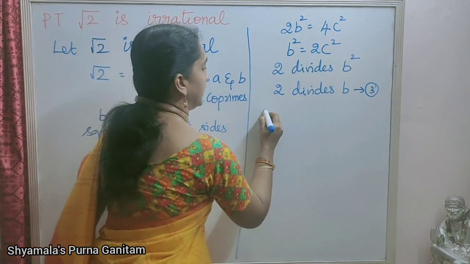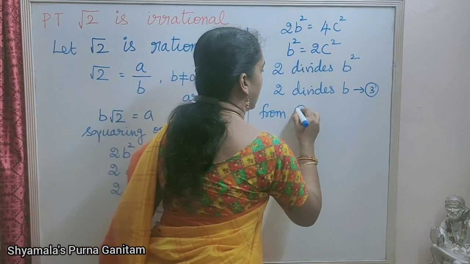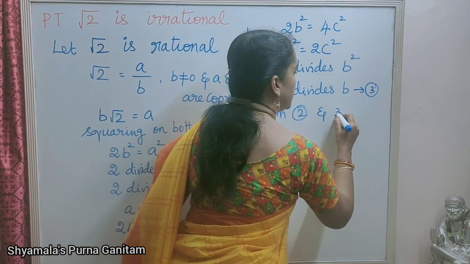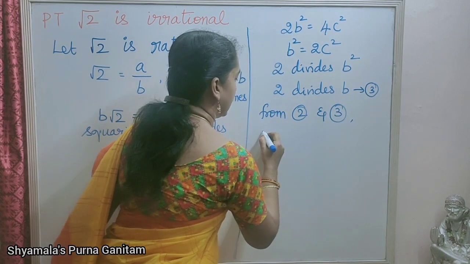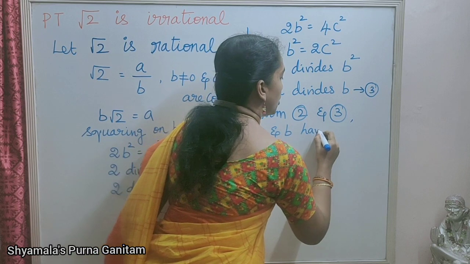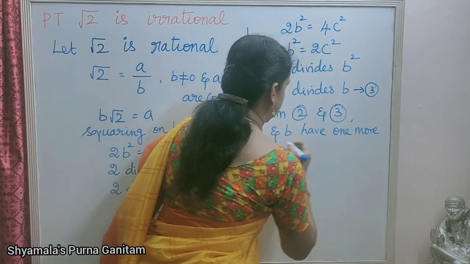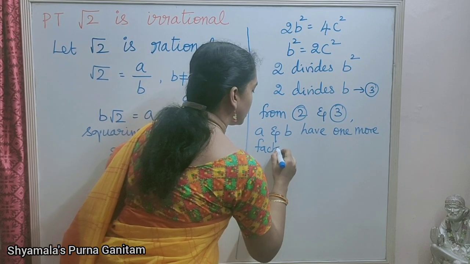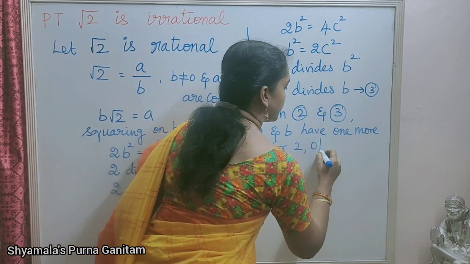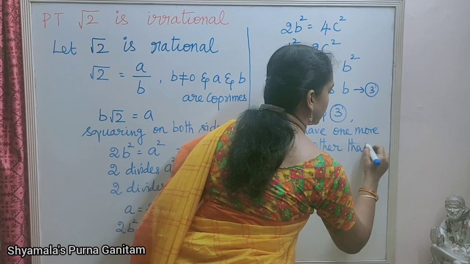So from 2 and 3, we can say that a and b have one more factor, 2, other than 1.